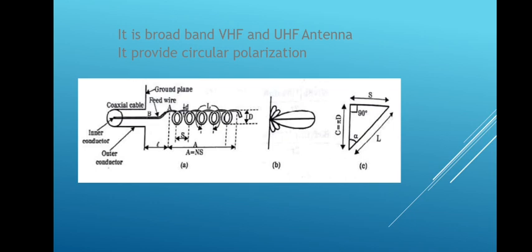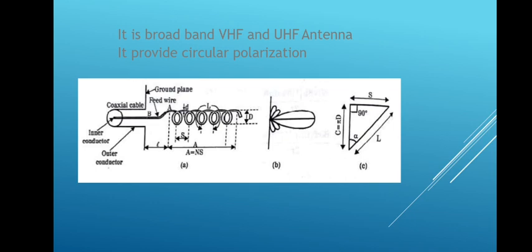The antenna efficiency is very low due to the low radiation resistance of the loop antenna, because efficiency is equal to the ratio of radiation resistance to the total resistance, that is, RR by RR plus RL.